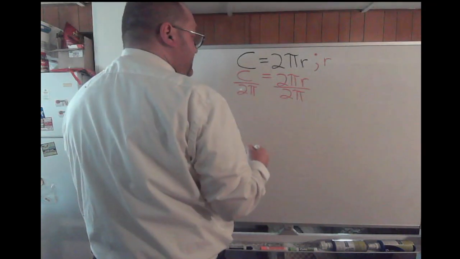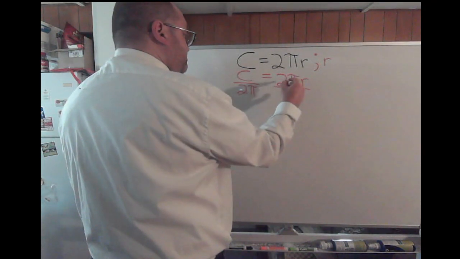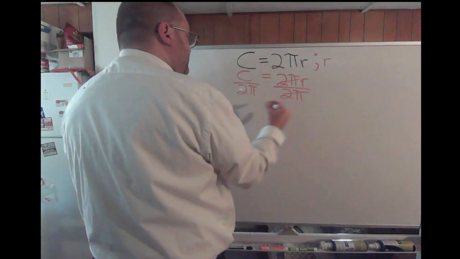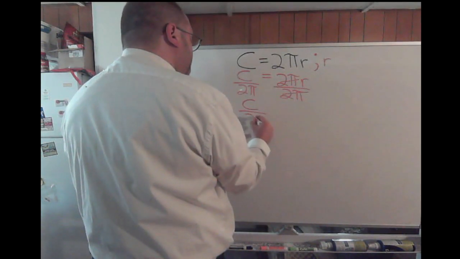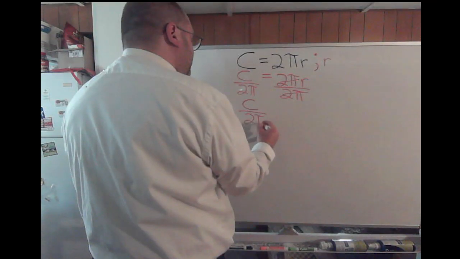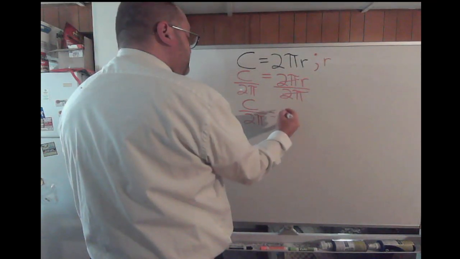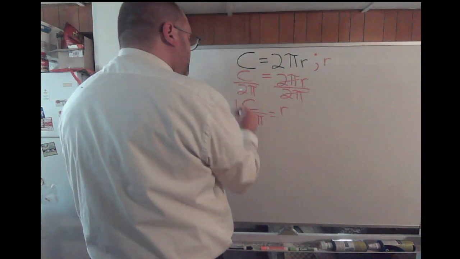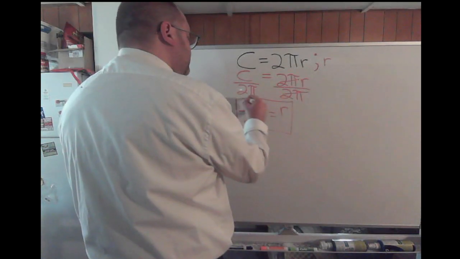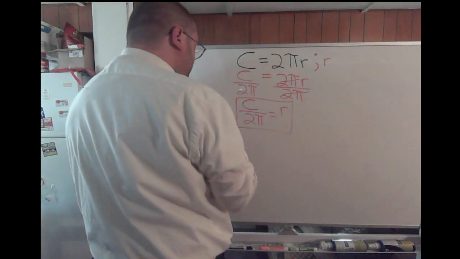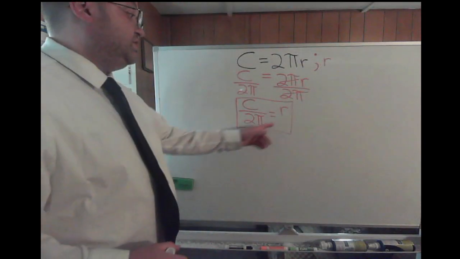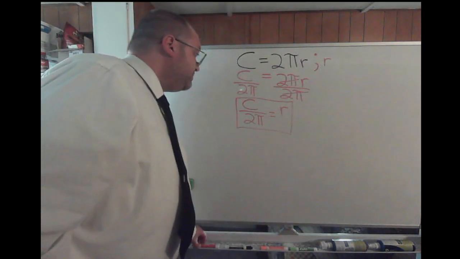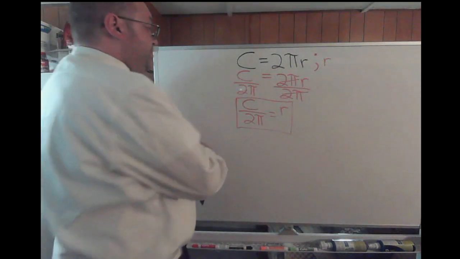On the right side, you'll have 2 pi and 2 pi canceling out. On the left side, you'll still have the circumference over 2 pi. Nothing cancels out of that. You'll set that equal to r. So r, the radius, is equal to the circumference c divided by 2 pi. That's the answer you would end up getting to solve for r. And I got more examples here.